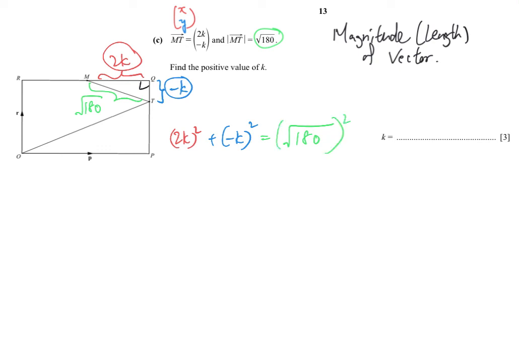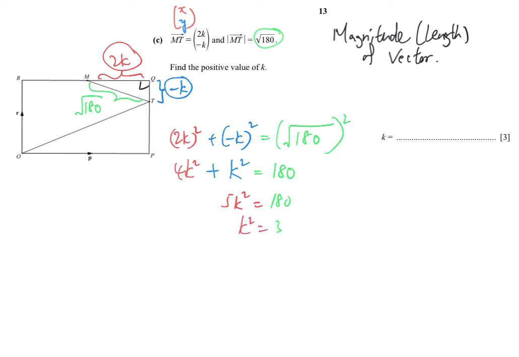For (2k) squared, you get 4k squared. And for the negative k, you put a bracket and square it, so it becomes a positive k squared. It is no longer negative. And for the square root of something, you square it again, so it becomes itself, 180. Then you add them up, so 5k squared is equal to 180.